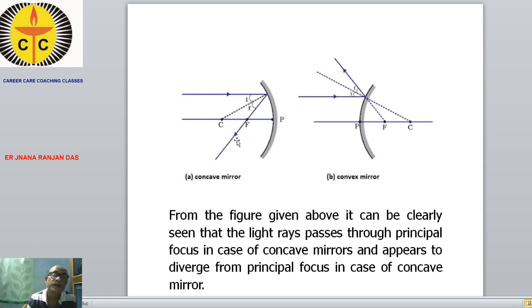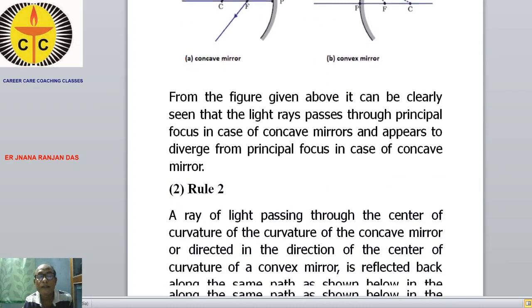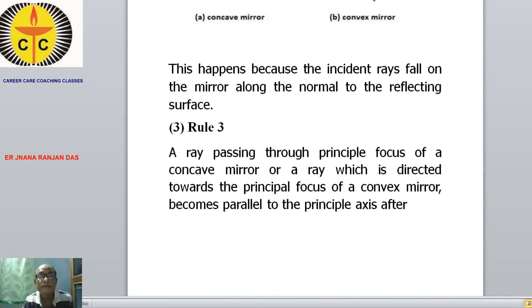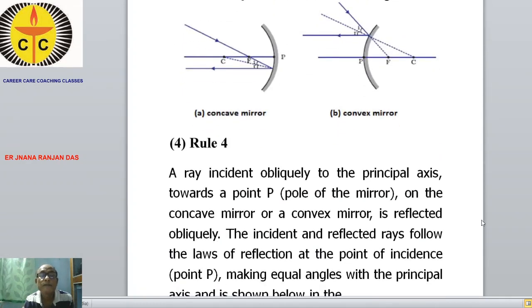When the incident ray is passing through the focus, after reflection the reflected ray goes parallel to the principal axis.